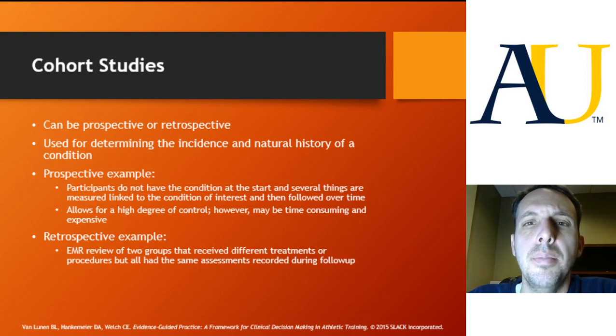And so you're going back through your records and comparing these two groups and following their course of treatment retrospectively. So you have the two groups of individuals that both sustained an injury but selected different treatment protocols. So this is not experimental because the cohorts self-selected there, and it's retrospective, meaning that it's only as good as the data that was previously collected.